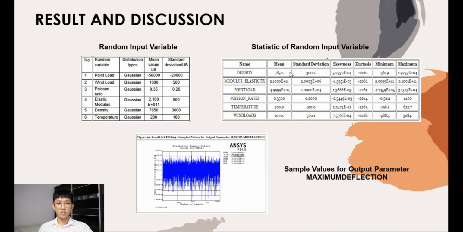And the statistics of random input variables, the standard deviation, skewness, kurtosis, minimum and maximum value. This is generated by ANSYS, and the sample values for output parameter maximum deflection are shown here, which simulate 10,000 times.